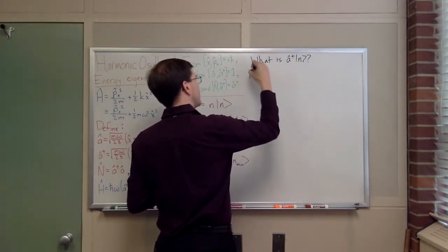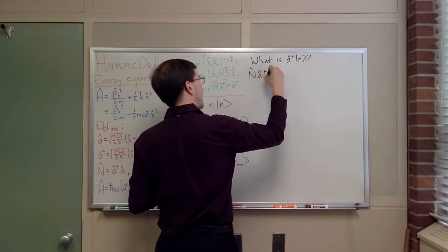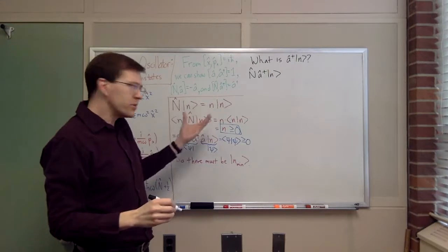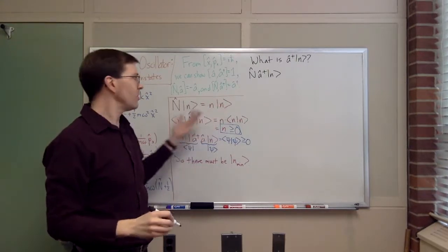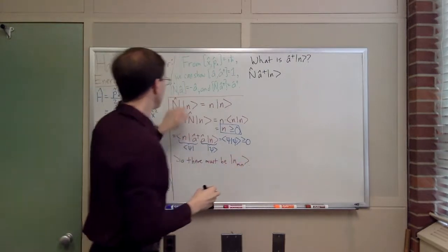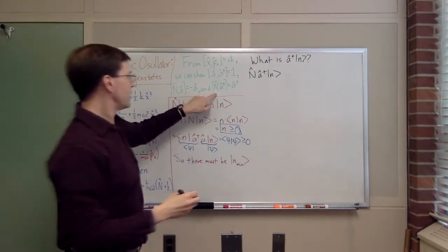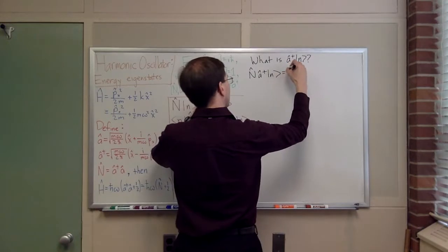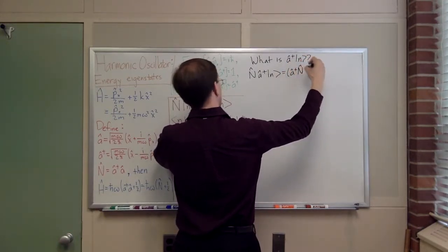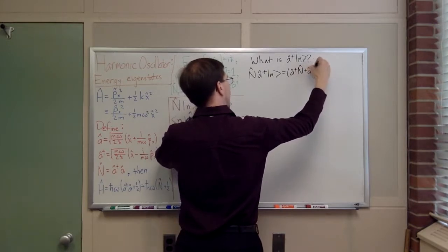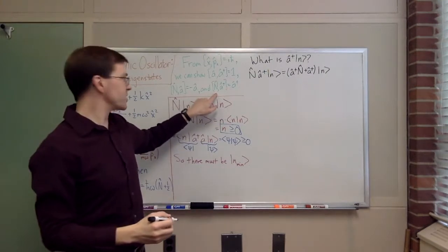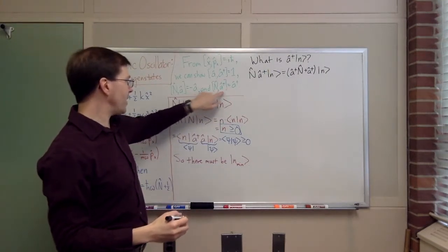I'm going to say that n hat acting on A dagger n, since n hat, the number operator, is what I use to figure out what state I'm in on some level. I'm going to work with my number operator acting on this, and then use this commutation relation. This is equal to A dagger n plus A dagger acting on the state n. I'm using my commutation relation here: n A dagger minus A dagger n equals A dagger.